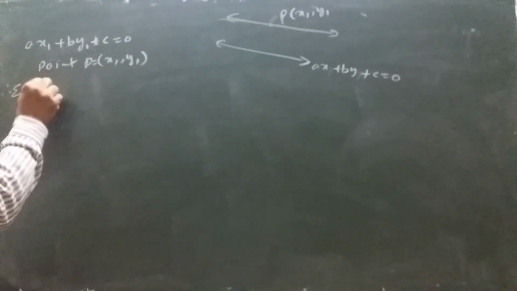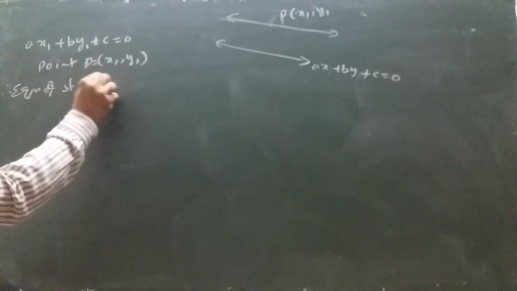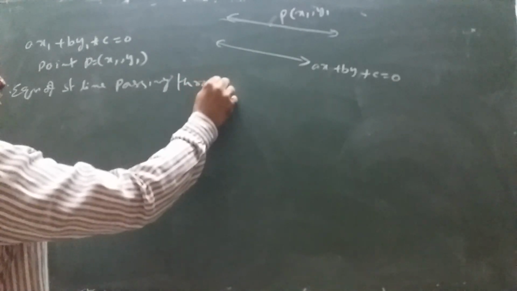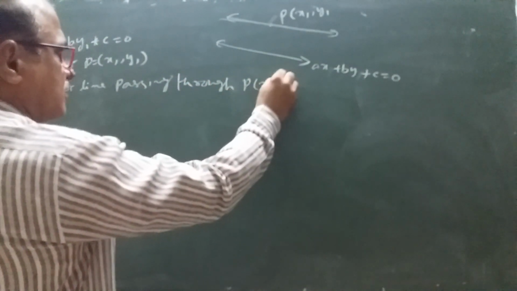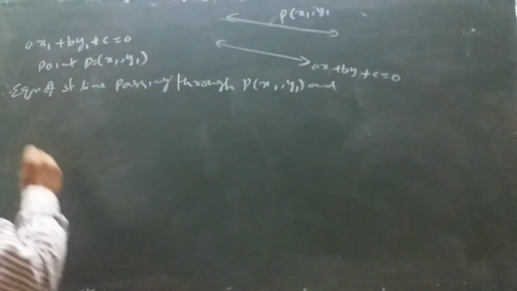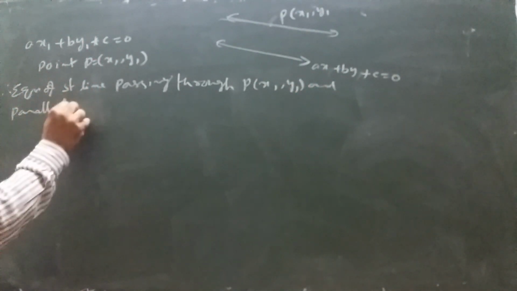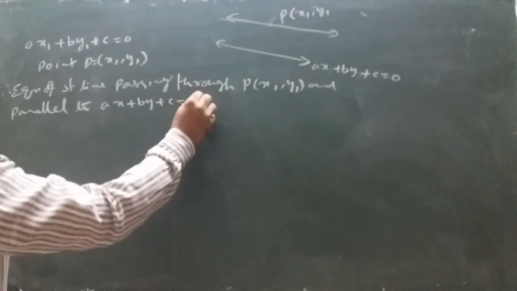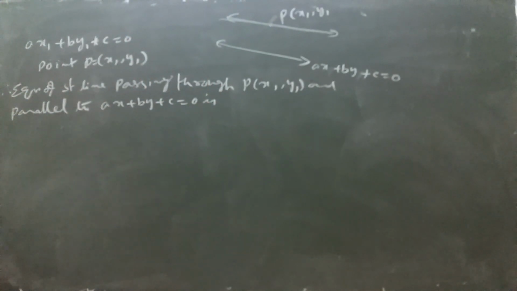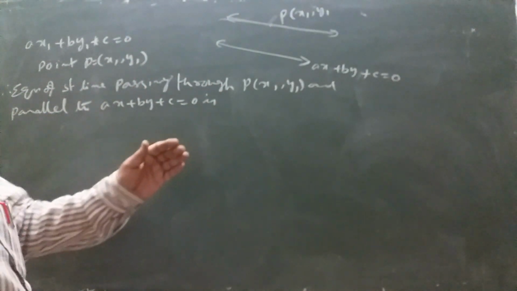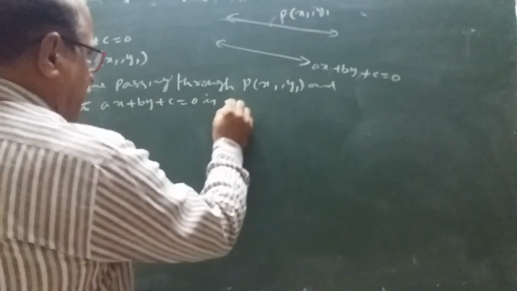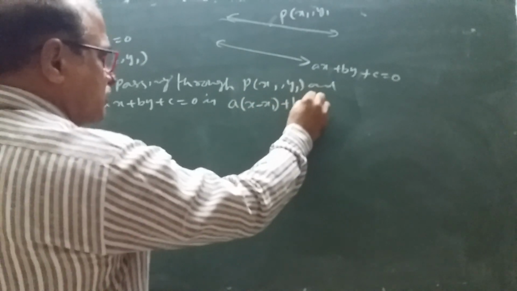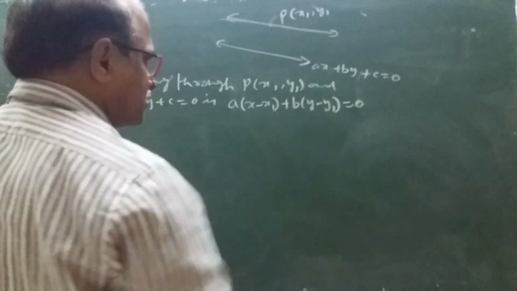Therefore, the equation of the straight line passing through P(x1, y1) and parallel to ax plus by plus c is equal to 0 is simply, we can find a into x minus x1 plus b into y minus y1 is equal to 0.